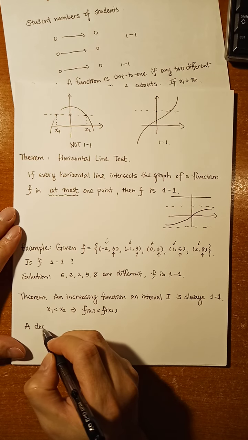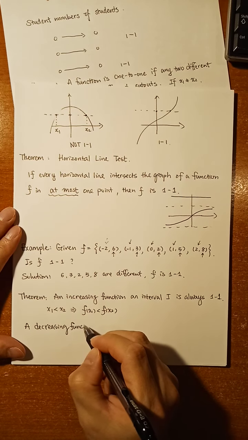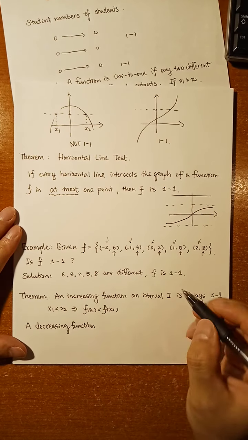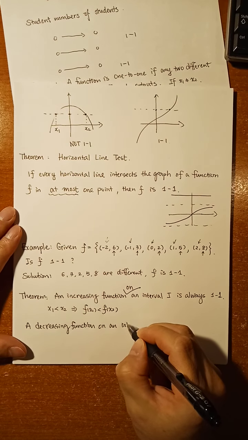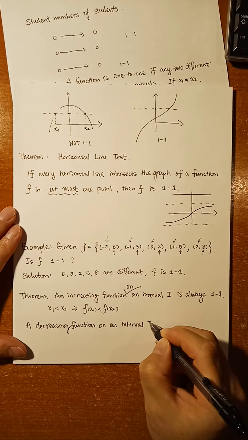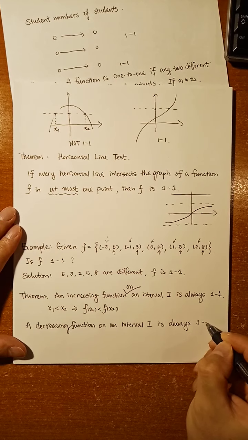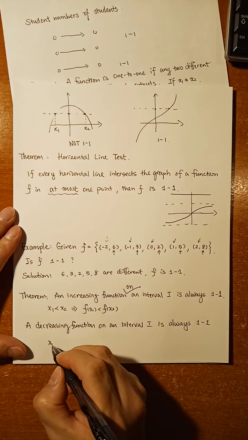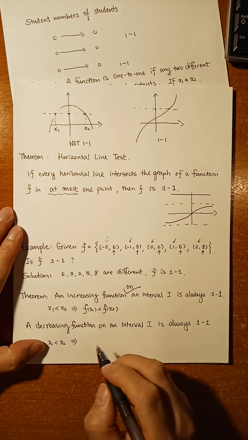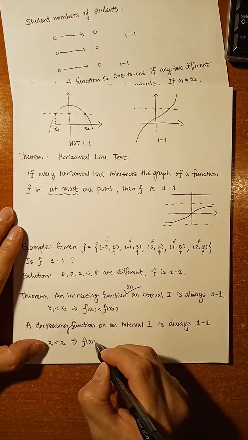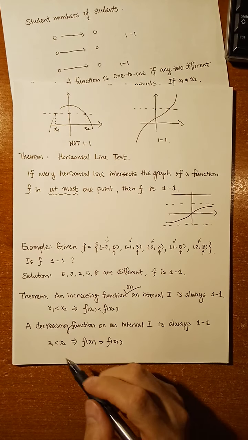A decreasing function on an interval I is always 1 to 1. So what is decreasing? Decreasing means a smaller input, x1 is smaller, but it will give you a larger output. So this is decreasing.